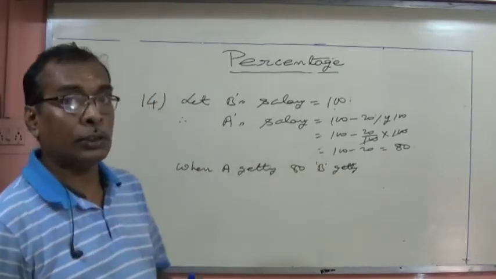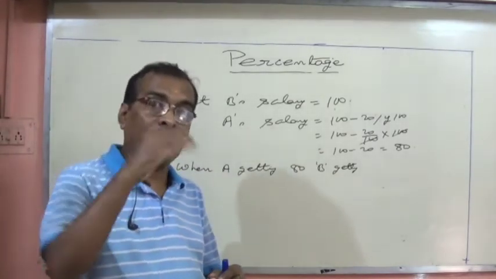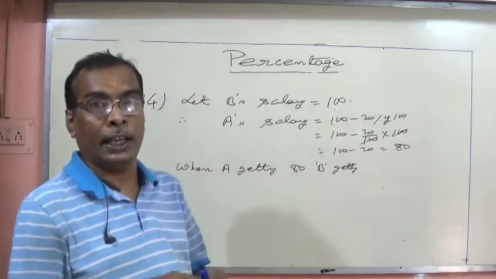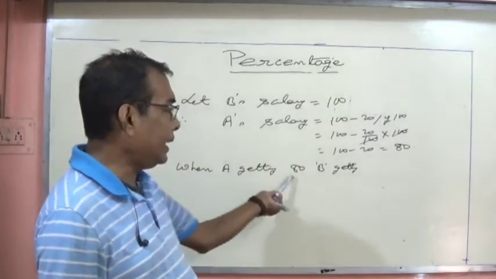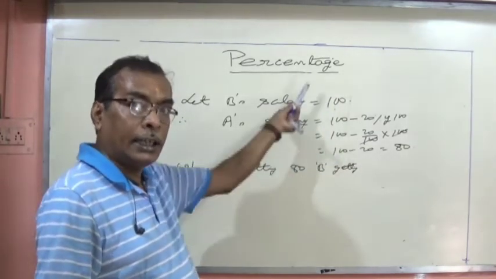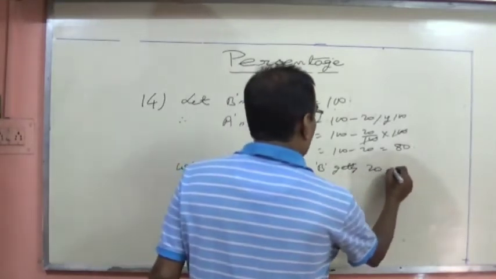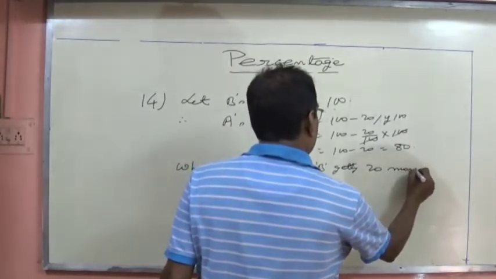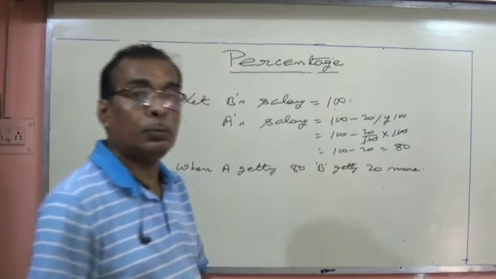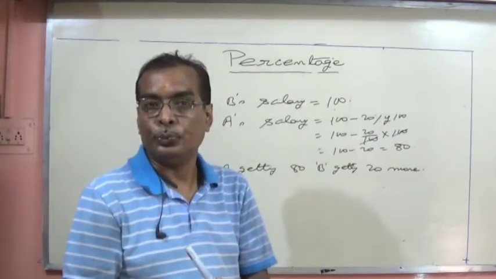I am not asking you that B is getting how much. B is getting how much more than A. When A is getting 80, B is getting 100. So how much more is it? 100 minus 80 is 20 more. B is getting 20 more, because they are asking you B is getting how much more. That's why I am writing here how much more.